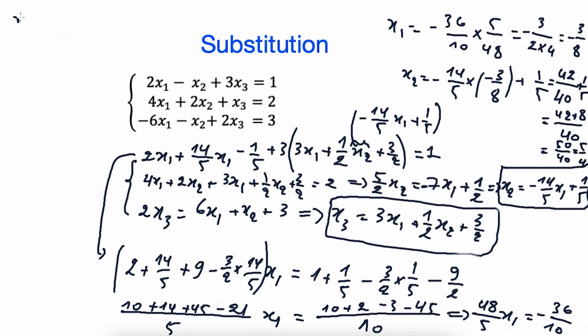So now we have x1 equals minus 3 over 8, and x2 equals 5 over 4.